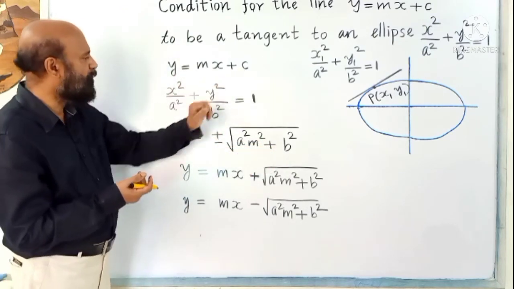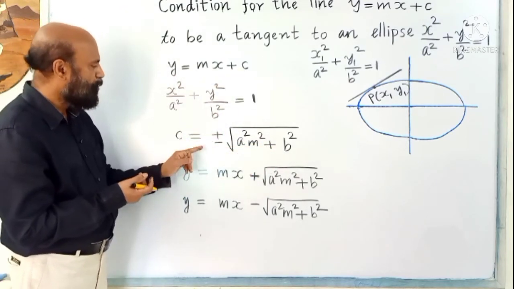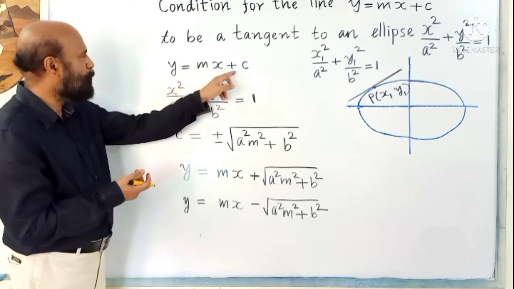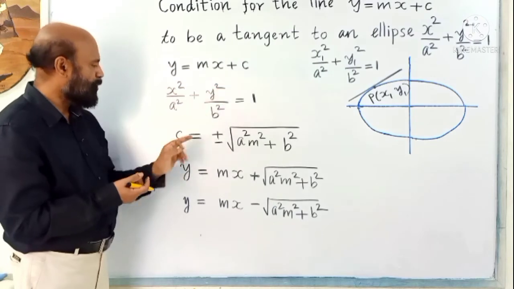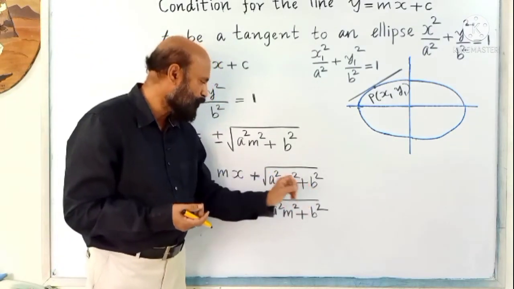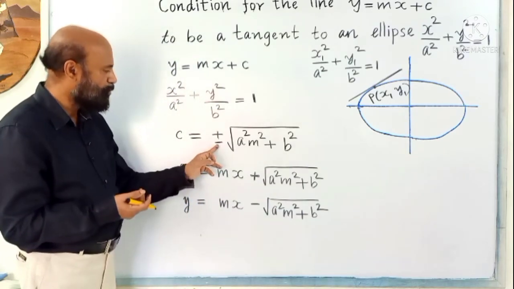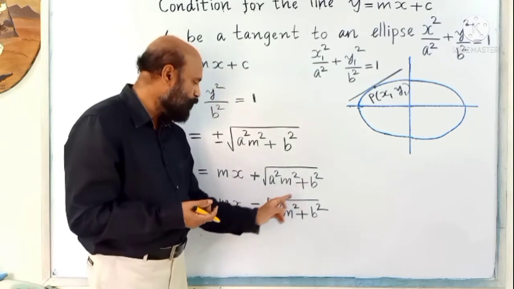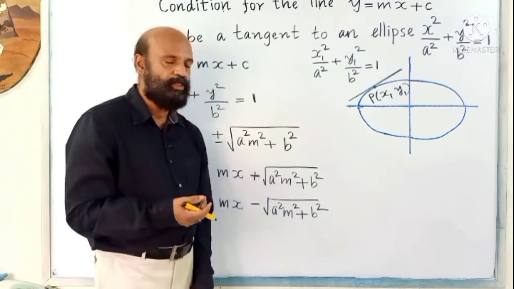Then for c, in y = mx + c, you can substitute this plus square root of a²m² + b², or you can substitute this negative value, minus the square root of a²m² + b².